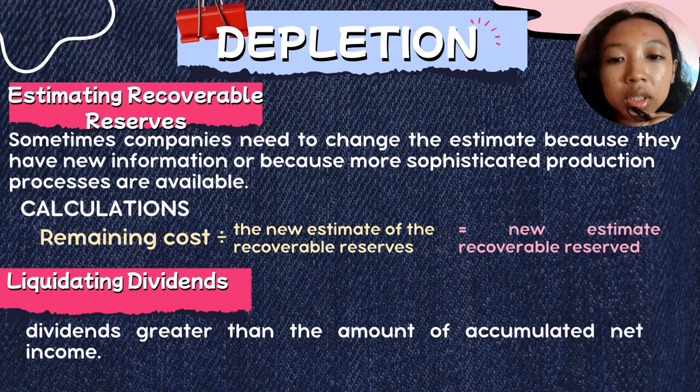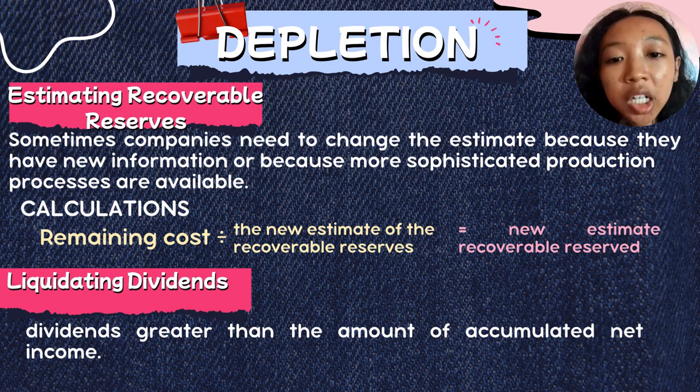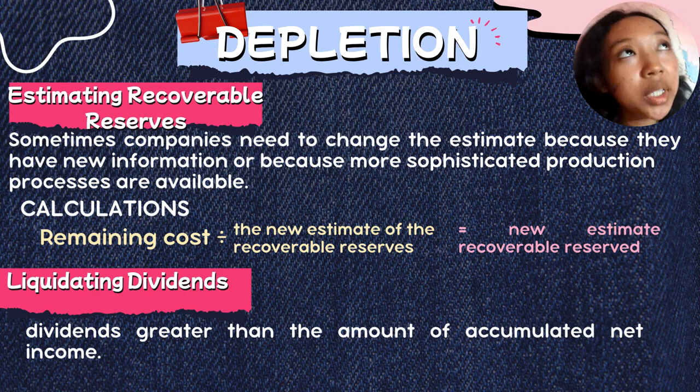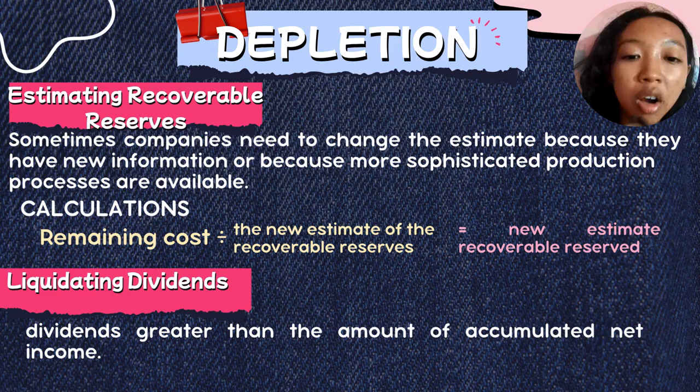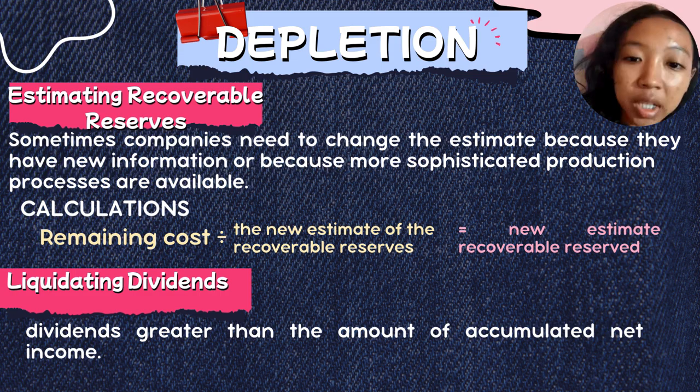And next we will talk about the estimate of recoverable reserve and liquidating dividend. A change in estimated recoverable reserve happens when the company has new information or because more sophisticated production processes are available.